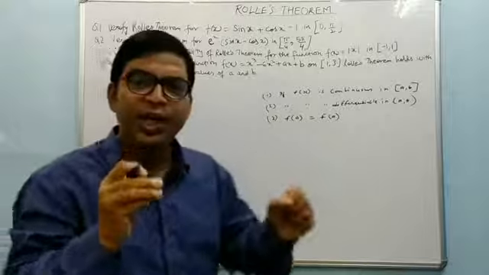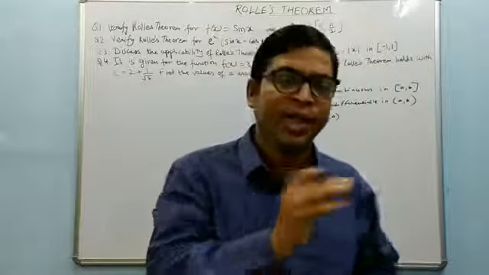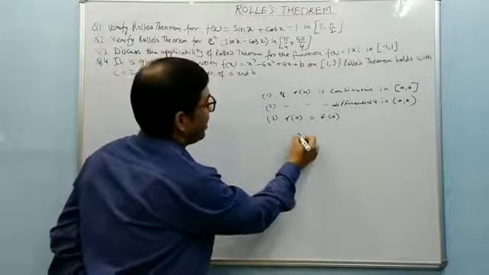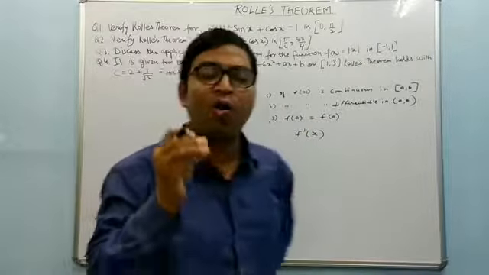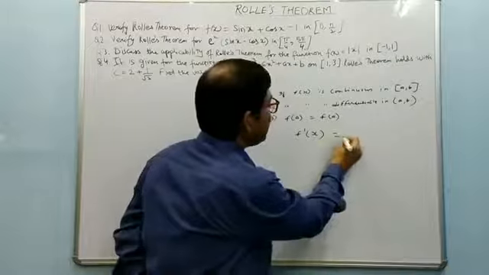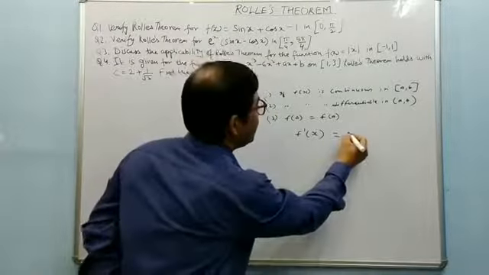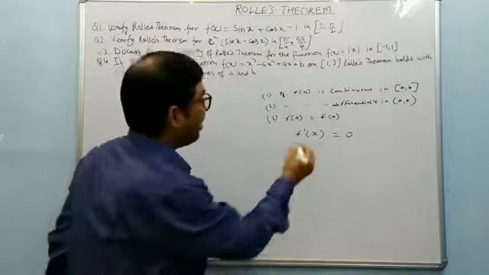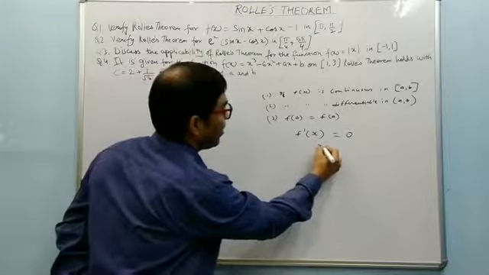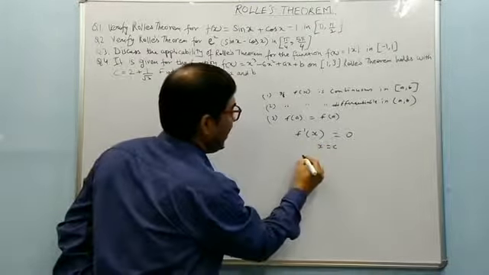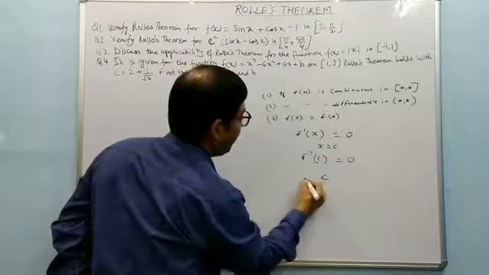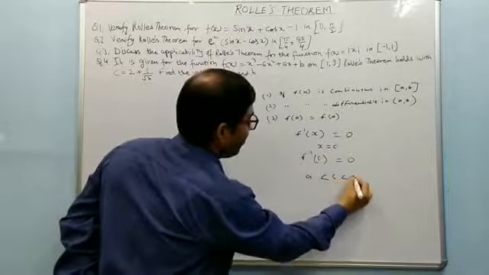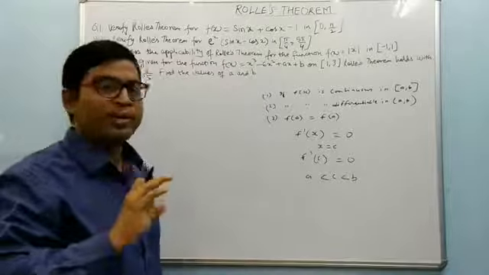If these 3 conditions are happening, then f dash x, that means the value of x which is making its derivative 0, that value we take as c. So we can say f dash c is equal to 0 and c should be between a and b. Then Rolle's theorem is completely verified.